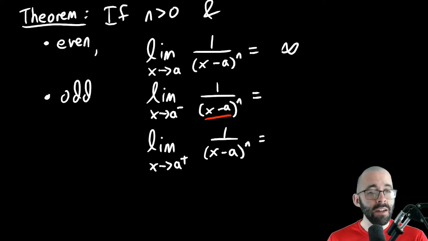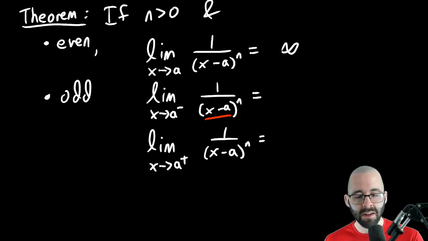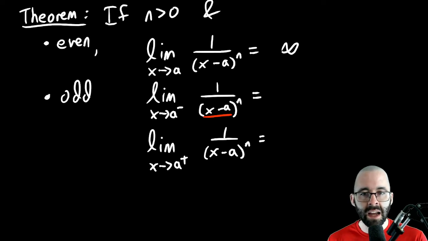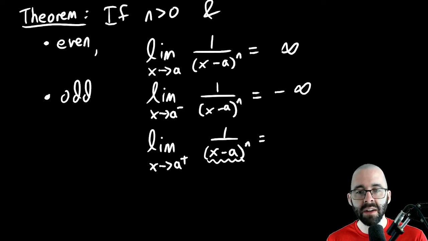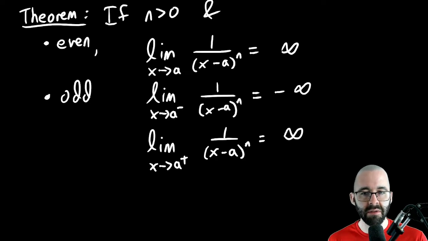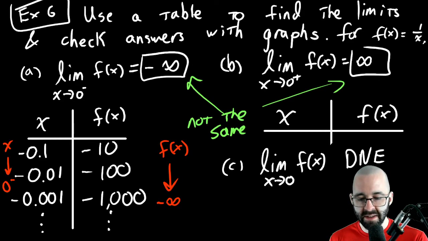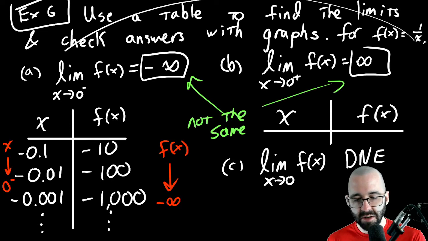If x is a little bit smaller, then we're subtracting something bigger, and this is going to be negative. The n doesn't actually have anything to do with it. So this one will go off to negative infinity. And if x is a little bigger, then it's positive, and it'll go off to positive infinity. So if n is odd, the two-sided limit doesn't exist, just like over here.